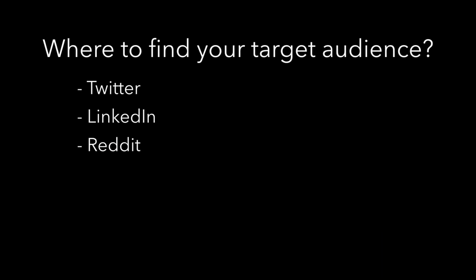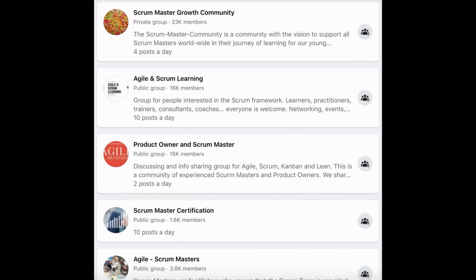And the next place that I could go to is just going to Facebook and checking out groups. So if I typed in something like Scrum Master groups, I'd get a list of Facebook groups here, and I would try and figure out which one is the most active, has the most members and most participation.